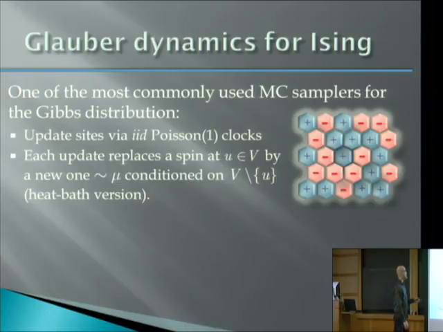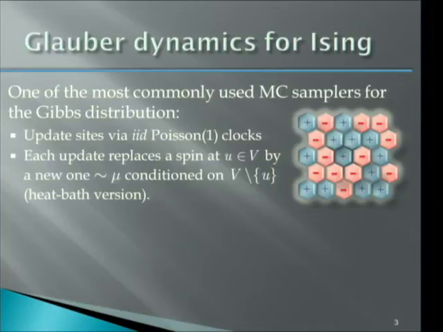Let's think about a certain site. The rule is you write down a new spin whose value is distributed according to the stationary distribution of the chain, which is our Gibbs distribution, the one that we aim to sample from, conditioned on all the rest of the system remaining the same.